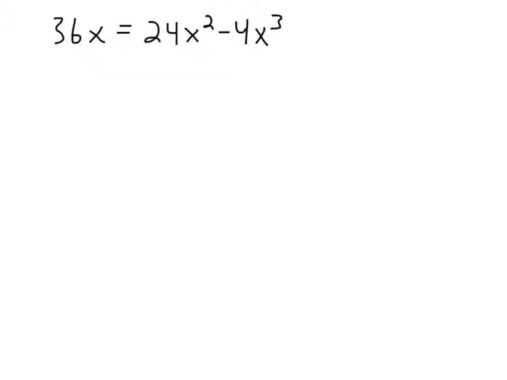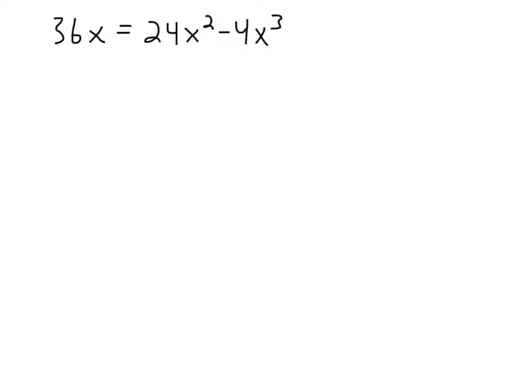Now let's try to use the same process on a cubic equation. Now the reason I call this a cubic equation is because the highest power of x is 3. So that's called a cubic equation. But really it's the same process. We want to start by getting a 0 on one side. And I'm going to get a 0 on the right side because I'd really like that x cubed to have a positive number.